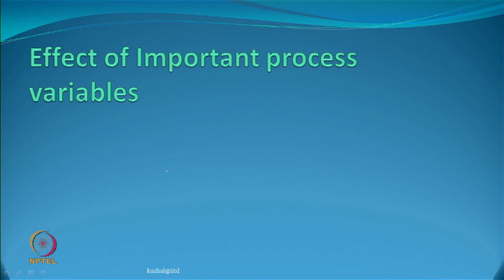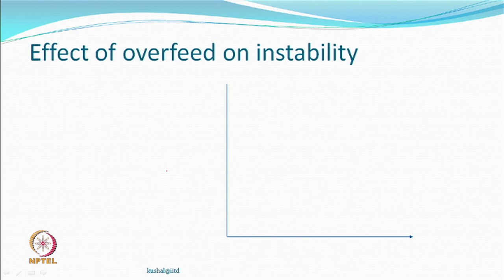So, we now look at some of the important process variables and their effect on some of the important properties, not every property for that matter. So, the effect of overfeed on stability, instability. We have overfeed, let us say, which may be expressed as a percentage, overfeed 20%, 30%.